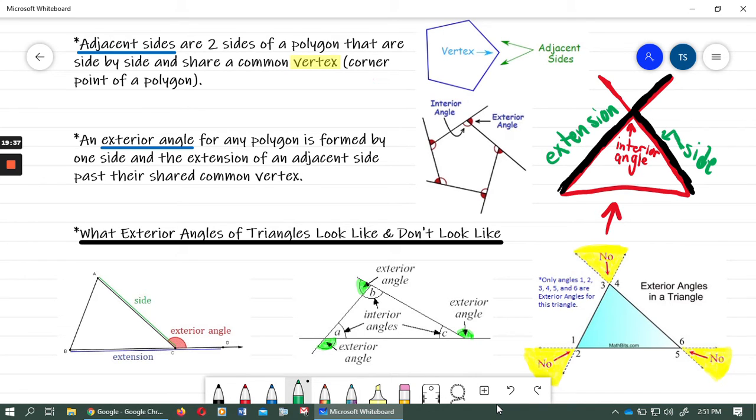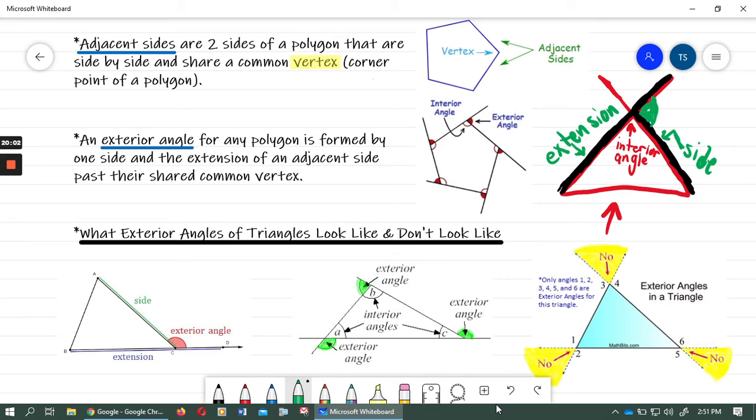Let's try that again. A little bit better, looks more like an arrow. All right. So again, you can see that according to this side and the extension of its adjacent side, the exterior angle would be this one here. This one would be an exterior angle.